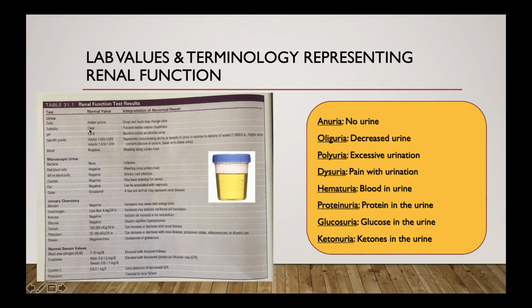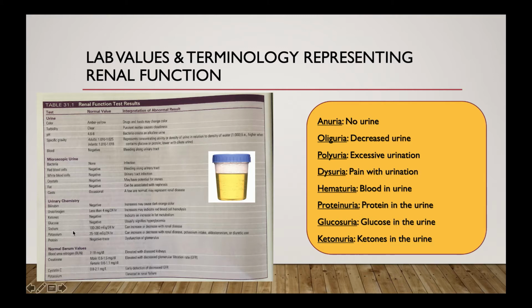Cloudiness, turbidity, as we call it, whether it's clear or cloudy. It can also indicate some type of pathogen in their byproduct. When we start looking at larger things in there, like presence of bacteria, presence of white blood cells, crystals, fats, these are things that are going to help us to understand renal function or infection.